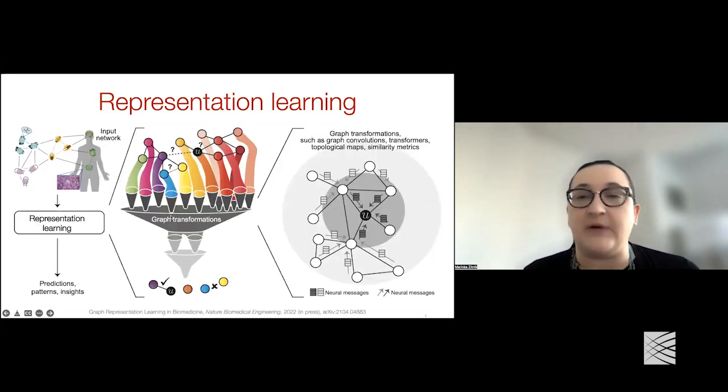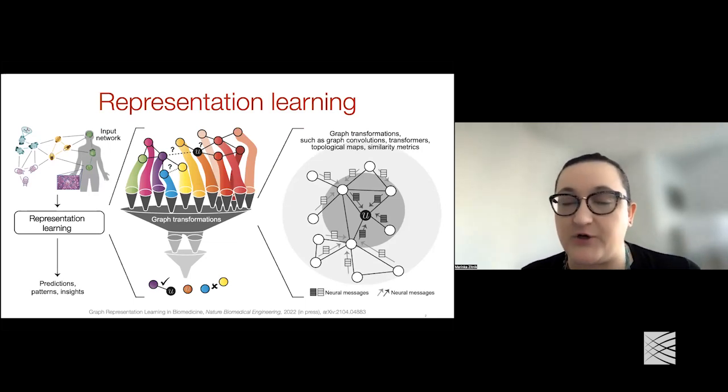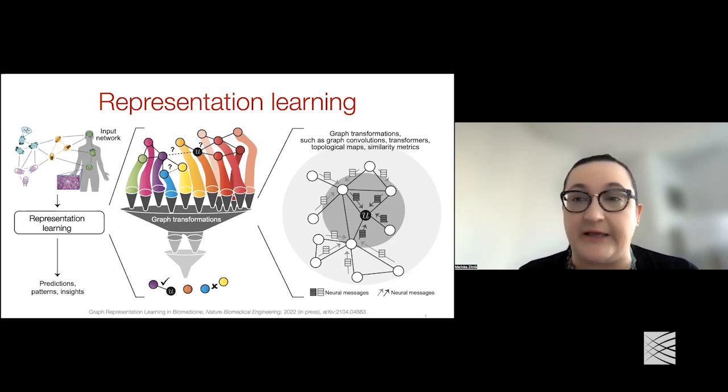So the algorithm that Josh presented in Webster would very broadly fall within the realm of representation learning. And representation learning is a very exciting research area in machine learning that really has fueled advances that we have seen in AI over the last few years. At a very high level, the key idea is that we start with a complex input data set. That data set might often span multiple biological scales of organization.